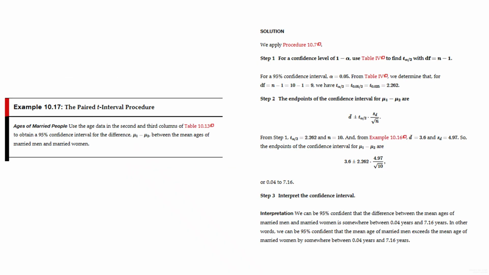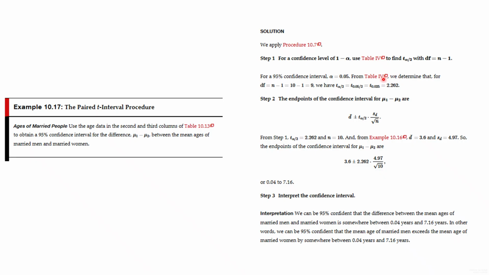So using the same example of the married couples, we'll do a confidence interval for it. So the only thing that you have to do is find your T alpha divided by 2 with your DF of n minus 1. So you're going to have 10 minus 1 is 9, so you'll use a DF of 9. And we have a T alpha divided by 2, so it was 0.05 divided by 2 is equal to 0.025.